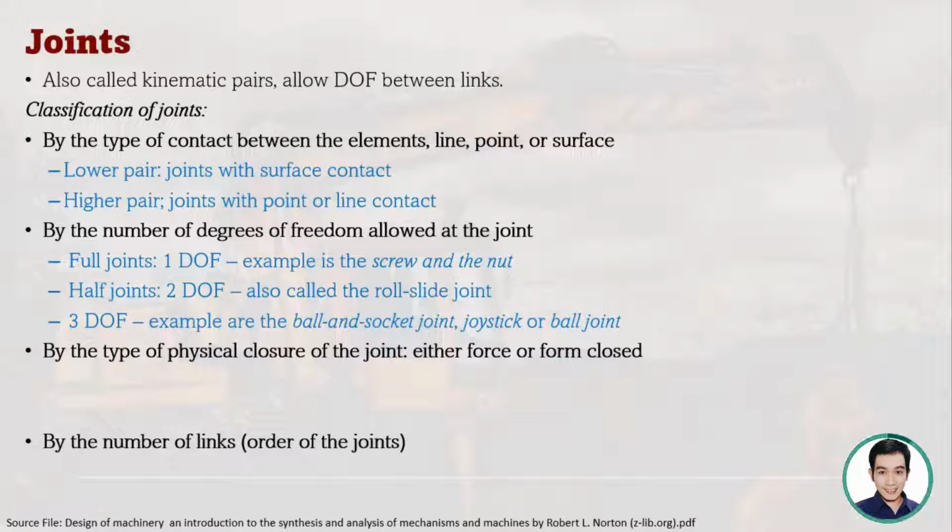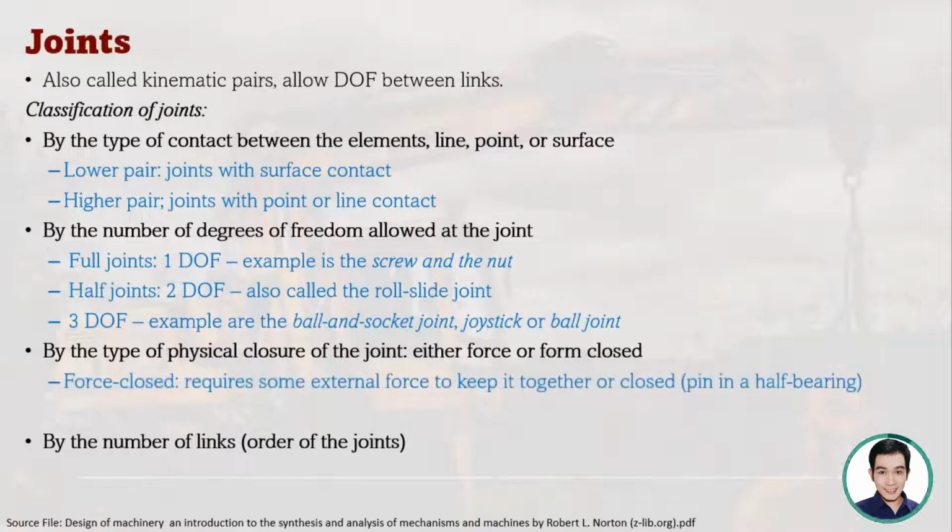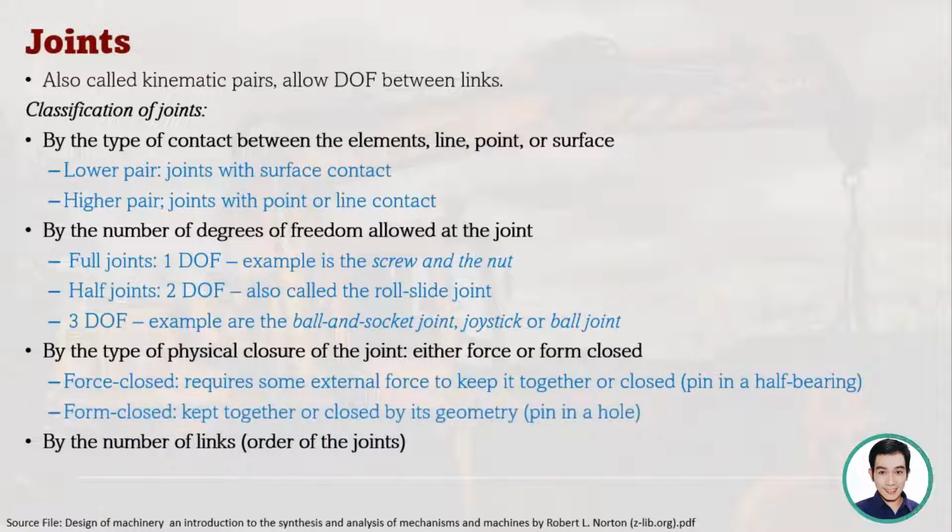By the type of physical closure of the joint, we can classify it as force close. For the force close, it requires some external force to keep it together or closed. For example, it requires a spring so that the two components will remain attached to each other. Then we have a form close wherein they are kept together or closed by its geometry.